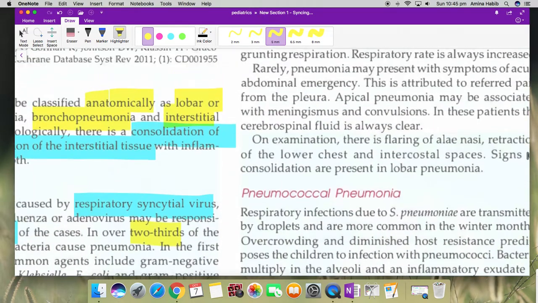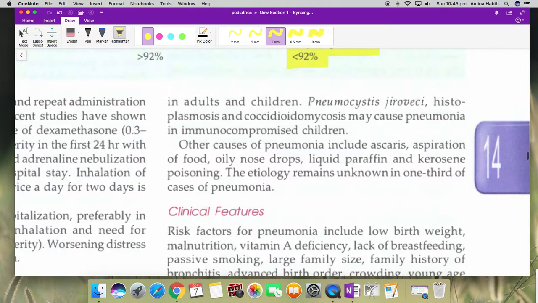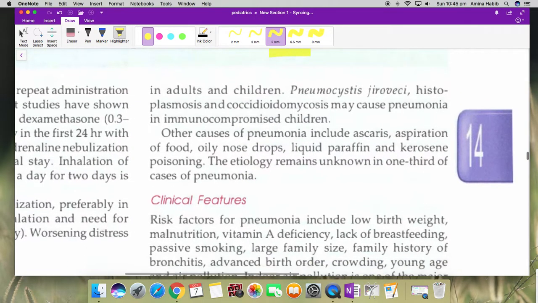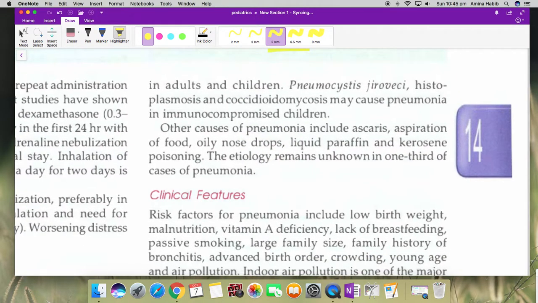Now coming to other more specific ones, which occur in specific cases only. As I told you, chlamydia and mycoplasma cause community acquired pneumonia in adolescents and sometimes children also. Then Pneumocystis jirovecii, histoplasmosis, and coccidioidomycosis can cause it in immunocompromised children.